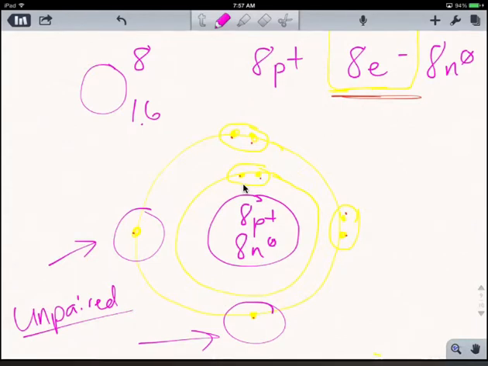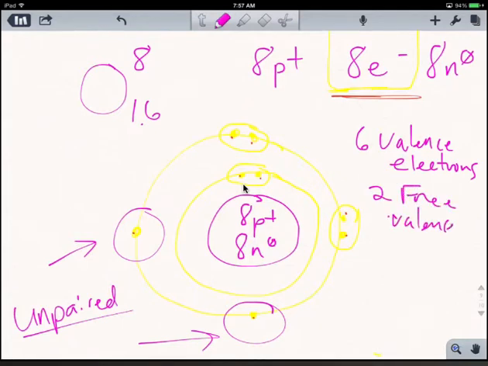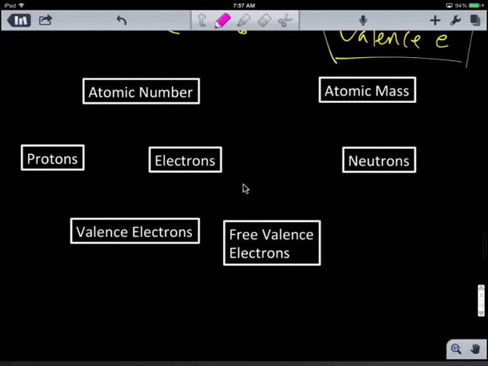They're going to look for other elements to form bonds. So this one has a total of 6 valence electrons and 2 free valence electrons. Okay, you'll have more time to practice this stuff in class. So don't worry about it right now. If you're still struggling with this, maybe watch the video again, or we can go ahead and discuss it in class when we have more time.